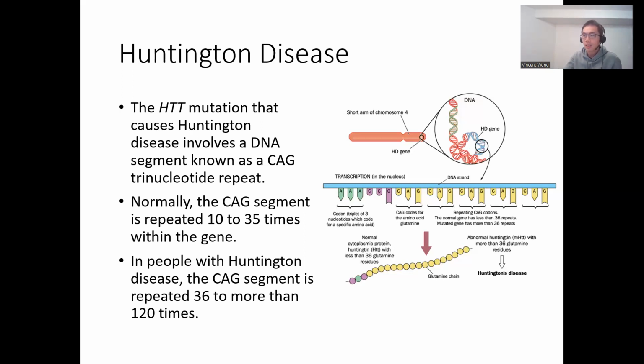However, there is an upper limit, a threshold beyond which people start to get Huntington disease: 36 or more, and as many as 120 times. That is what they found in people with Huntington disease. This is a dominant condition.